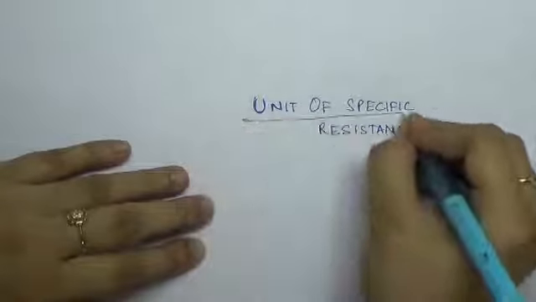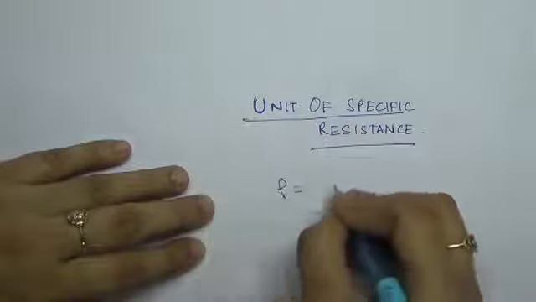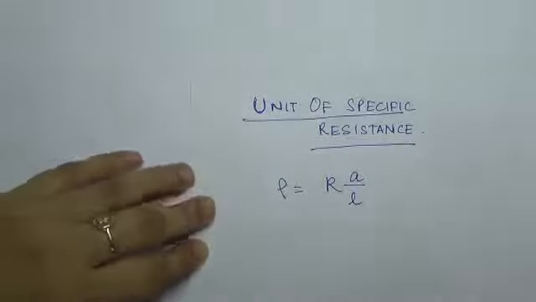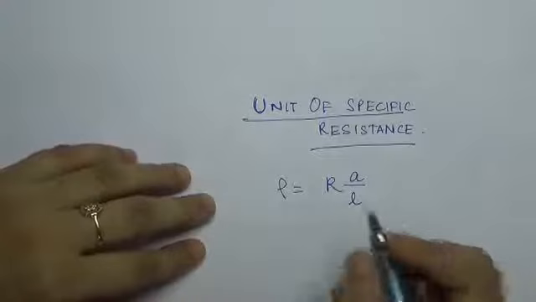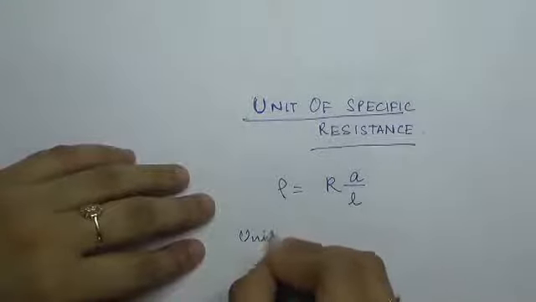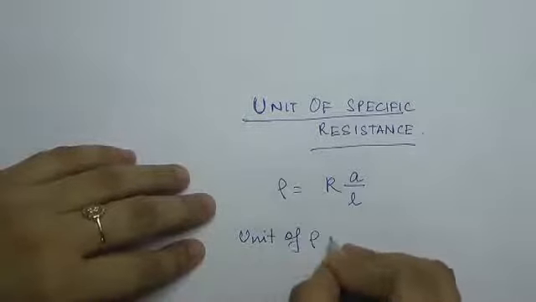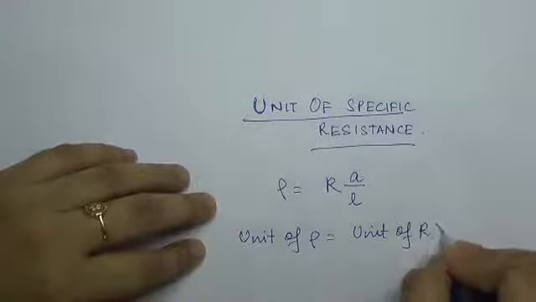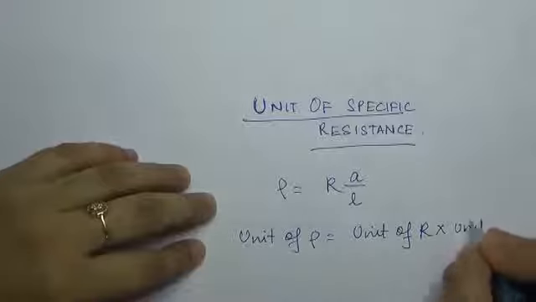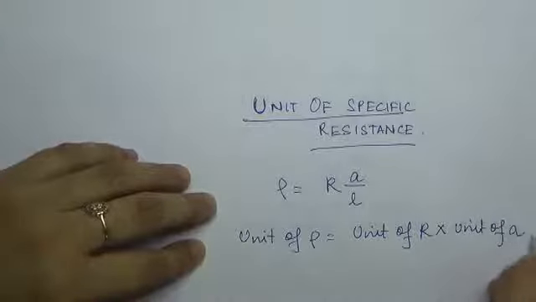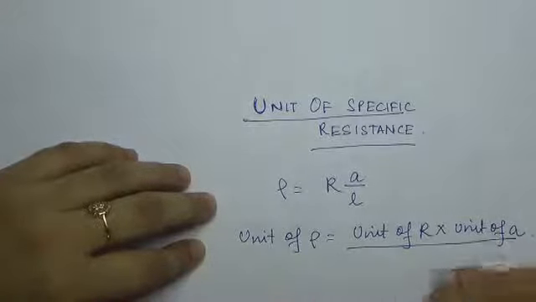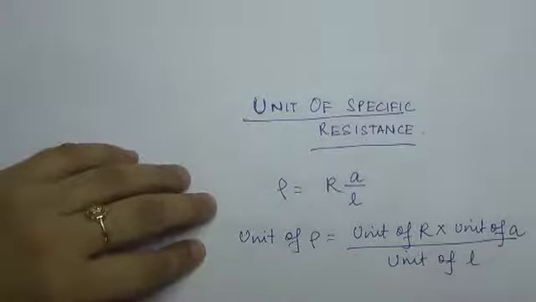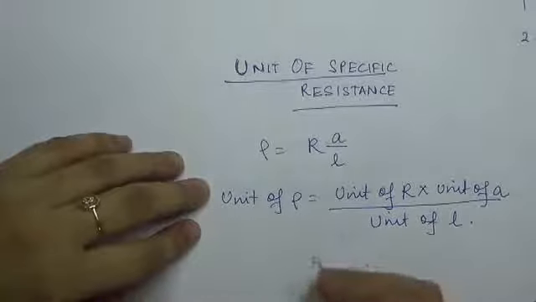The formula says rho is equal to R A by L. So if we find the unit of rho, it will be unit of R into unit of A by unit of L. What is the unit of R?